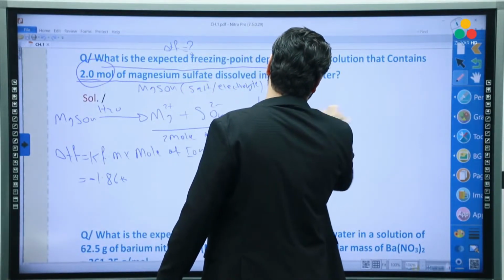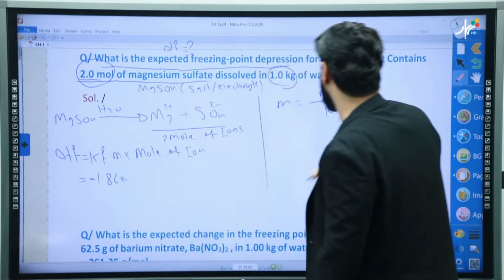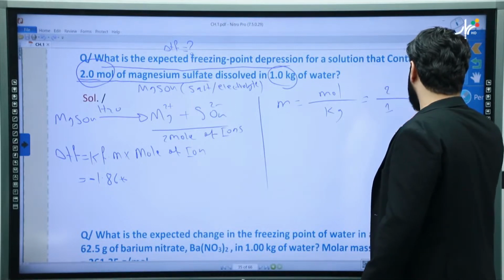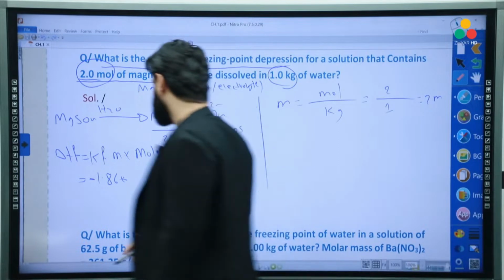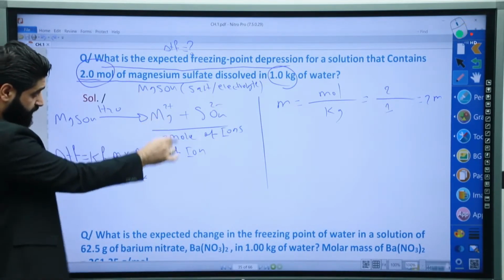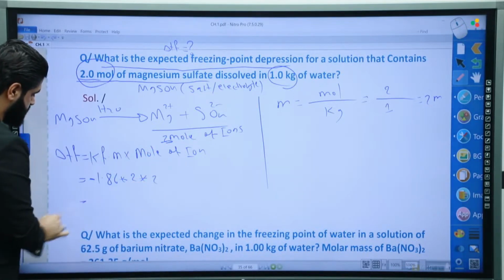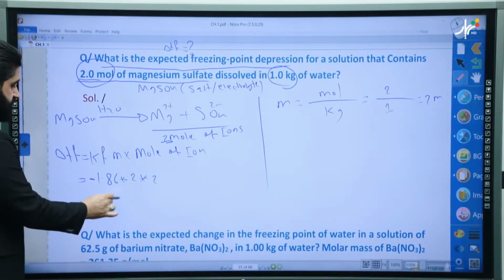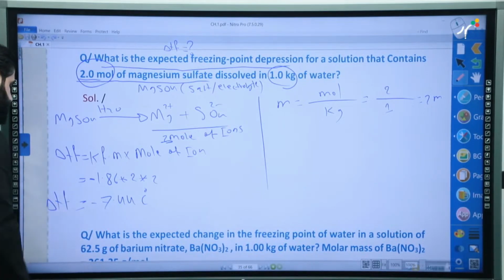Molality equals mole of solute per kilogram of solvent, equals 2 divided by 1. Surely it's equal to 2 molal. So we just have to multiply 1.86 by 2 times mole of ions. Mole of ions is 2. So it will be negative 7.44 Celsius degrees as a value of delta Tf.